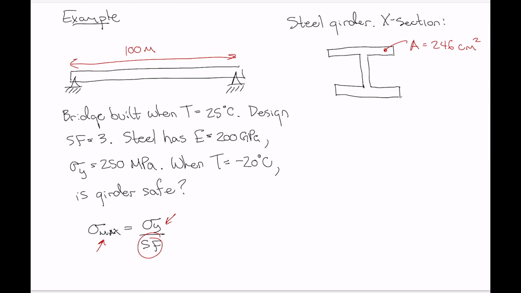we've got a safe design that's maintained. So let's just look at the girder by itself here, and maybe I'll get a new page. So there's the 100-meter long girder.